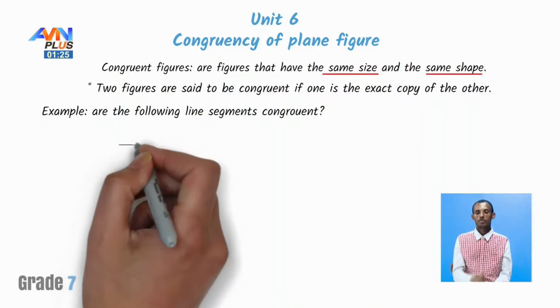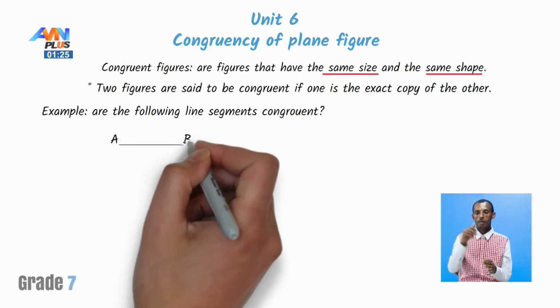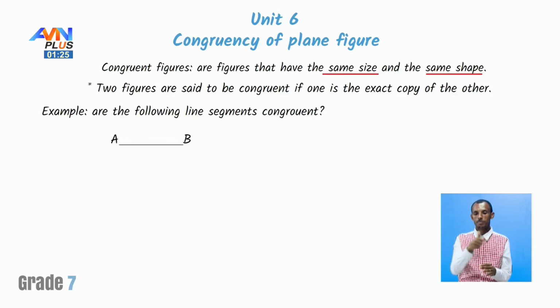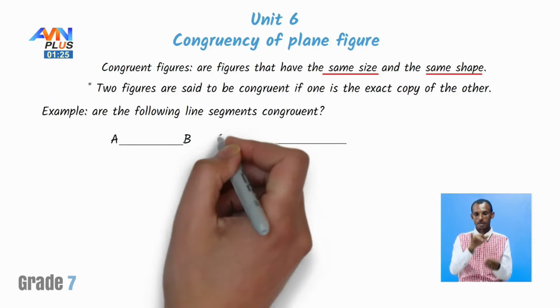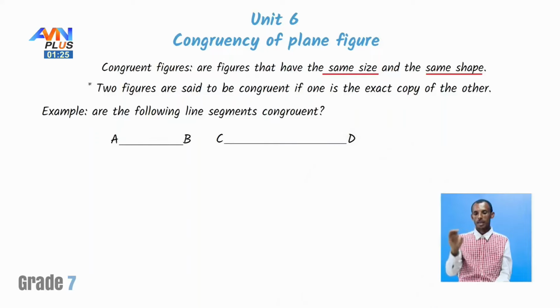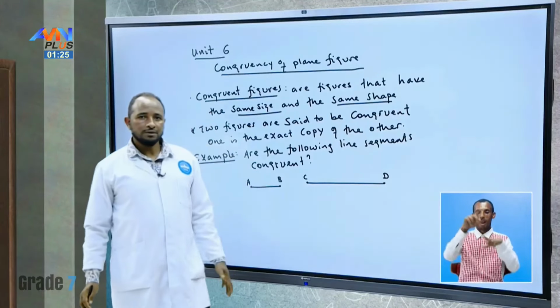Look at this one. This line segment is given, and let's name this line segment AB, and the other line segment is given here, it is CD. Are these two line segments congruent?